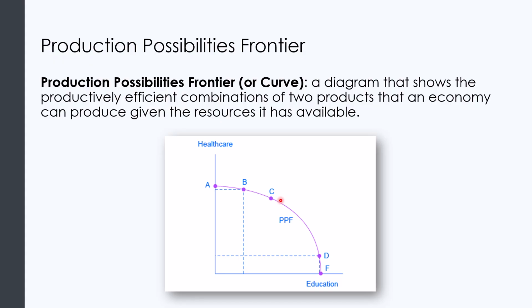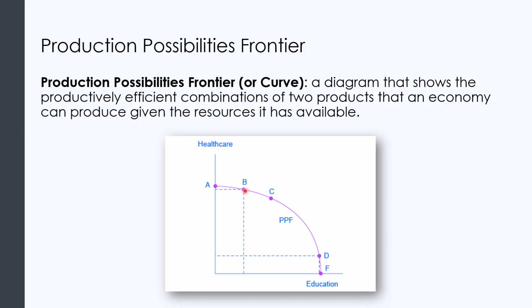The reason it curves is because when we have different sizes of industry, we have different productive capacities of the companies and the people that make up our government, some combinations might be more easily attained with less opportunity cost than others. And that's what we see when we bow out here.